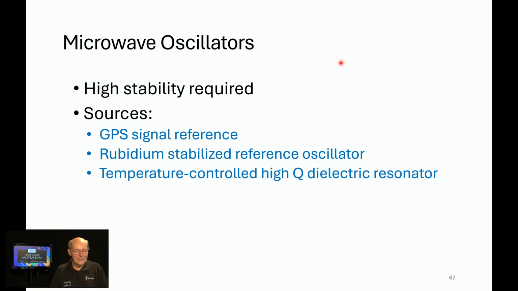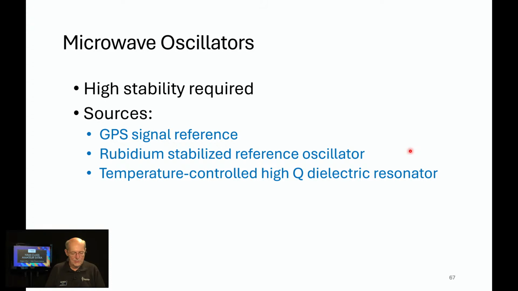So microwave oscillators, most of us aren't going to be dabbling in microwave, but there are microwave frequencies, ham bands, that are specialist sorts of things that you might get into further on in your ham radio career. So microwave oscillators can come from three common sources. Something called a GPS disciplined oscillator, where you've got an oscillator that corrects itself according to GPS signals received from satellites.